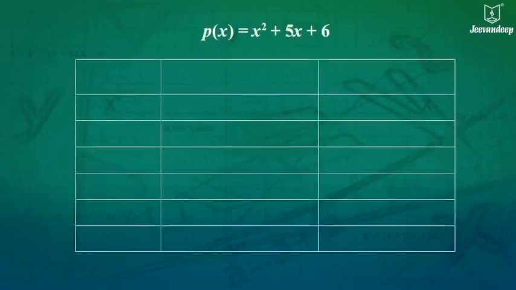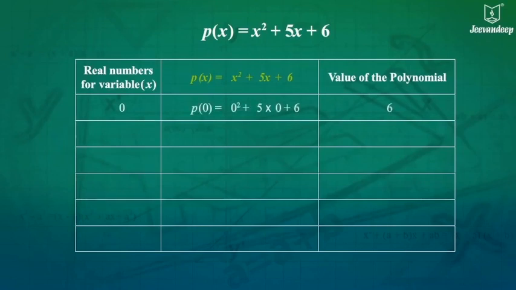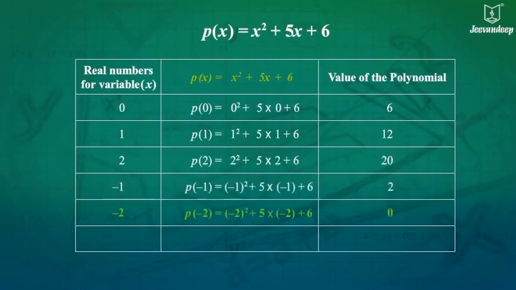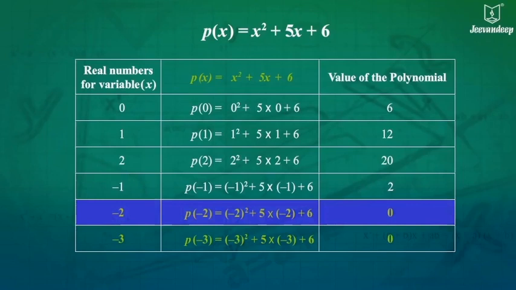Here we table some real numbers for x and the respective values of P of x. We find that for x equals minus 2 and x equals minus 3, the value of the polynomial for variable x is 0.